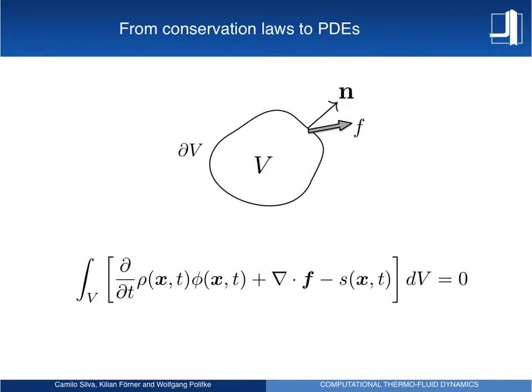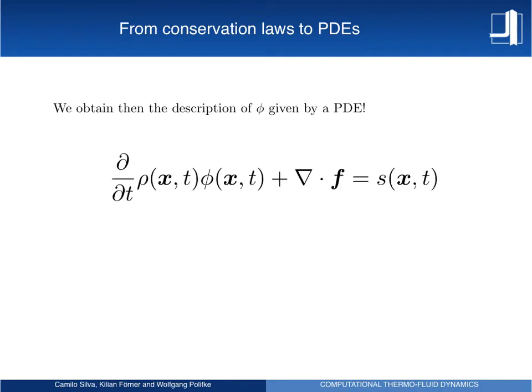So for this mental experiment, when we shrink the control volume to a volumetric differential, we end up having this quantity being 0, and voila, we have obtained the partial differential equation for the description of conservation of a scalar phi. I have a source.